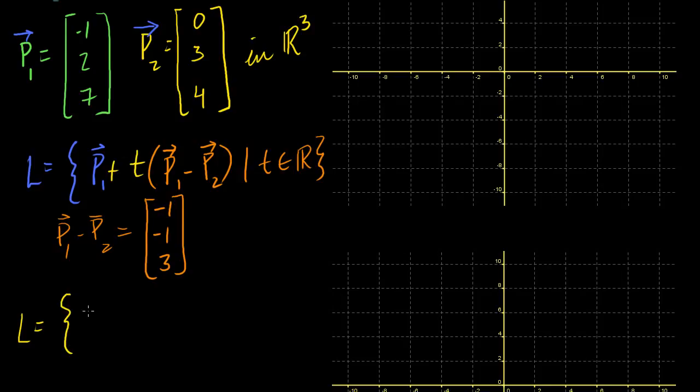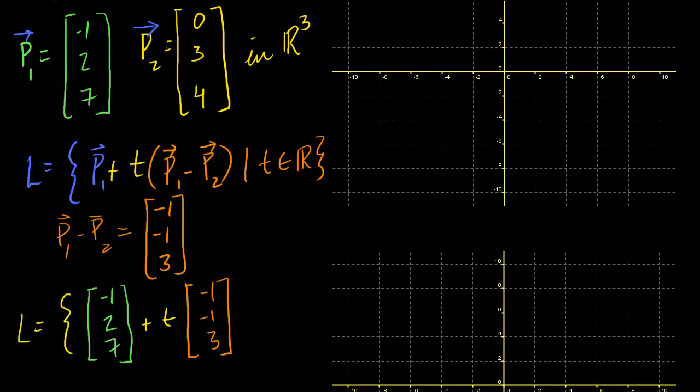It would be P1. It would be, we do that in green, minus 1, 2, 7. I could have put P2 there just as easily, plus t times minus 1, minus 1, 3, where, or such that, t is a member of the real numbers.